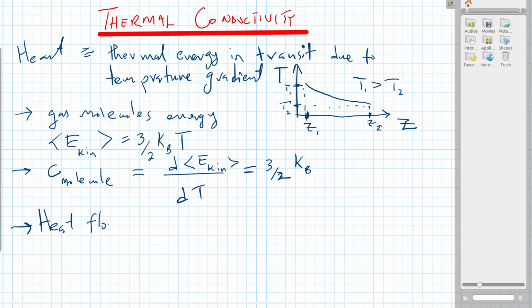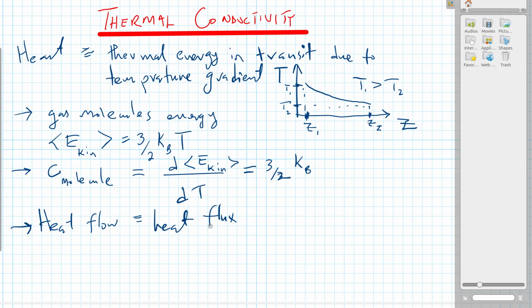Heat flow can be considered as heat flux in the sense that molecules moving, let's say, per unit area, per time, will be carrying some energy crossing the area or cross-section under consideration, right?